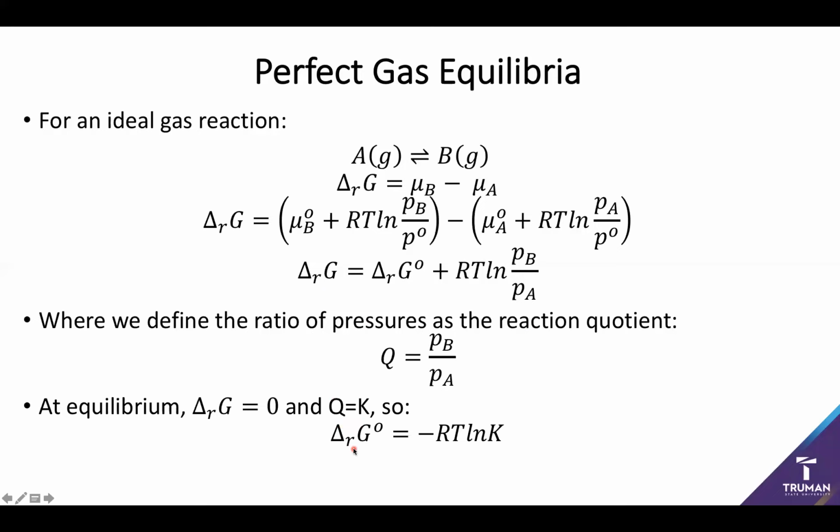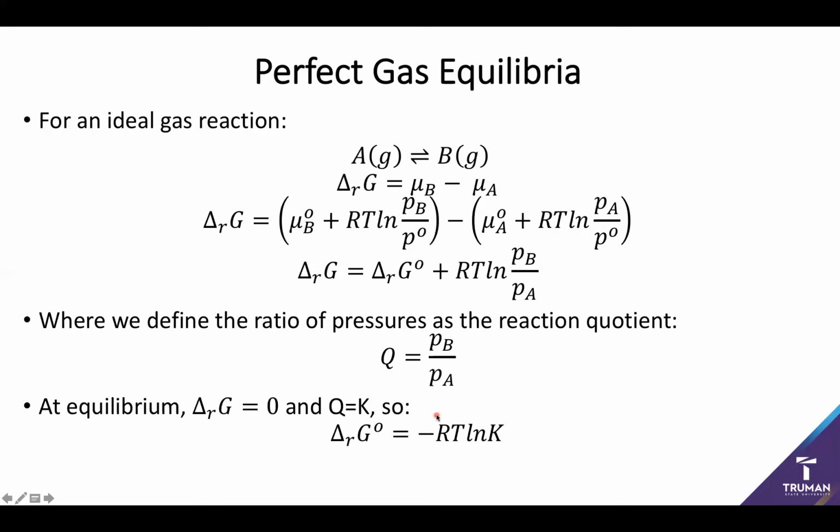So at this point, what we can do is say the standard state free energy of reaction is going to equal negative RT ln of K, because we essentially just rearrange the equation. This term goes to zero, and we move the free energy to the other side, generating our negative sign.